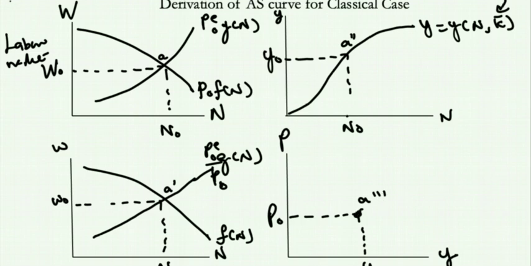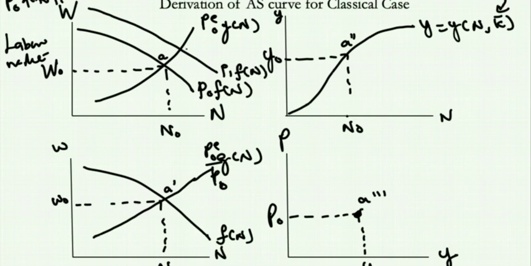So again, let's say actual price increases from P naught to P1. What curve will be affected first? Obviously, in the first graph, you can see actual price on the labor demand curve. So demand curve will increase, from P naught Fn to P1 Fn.